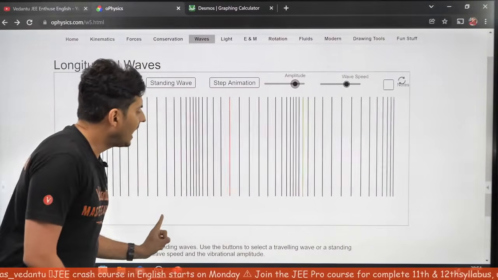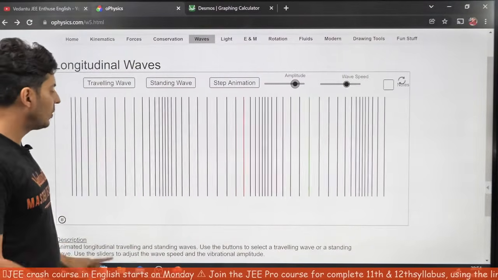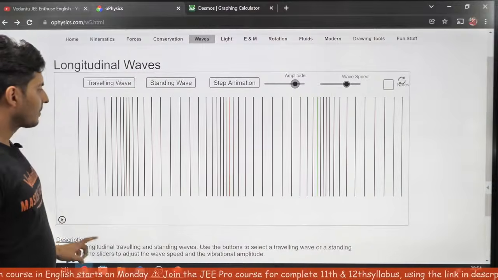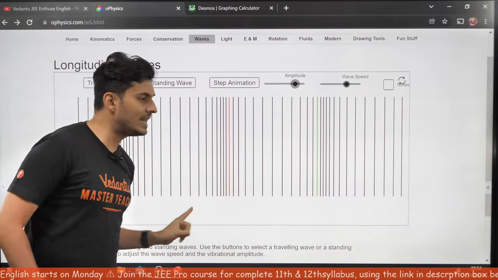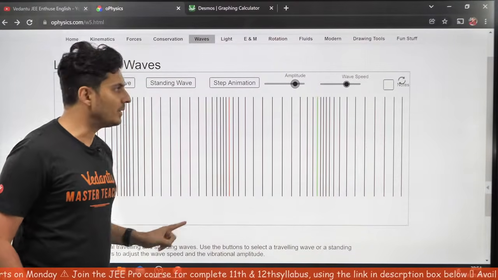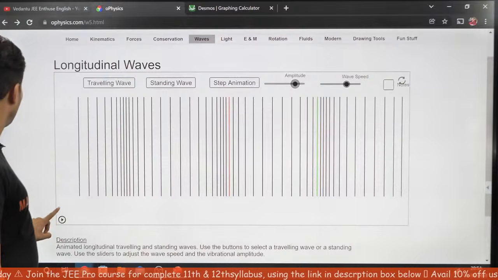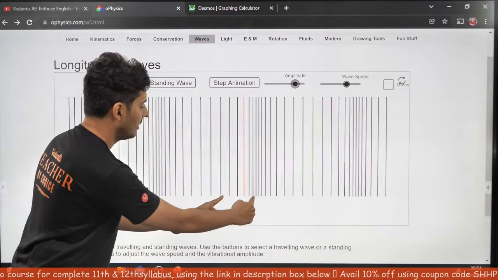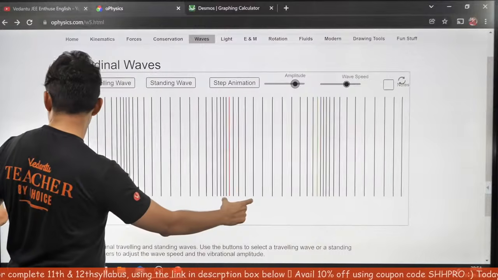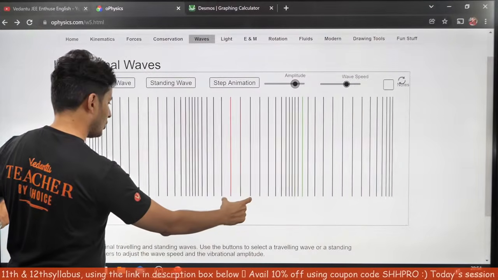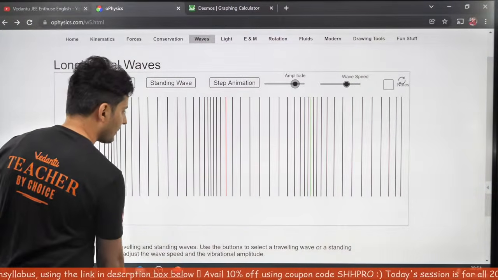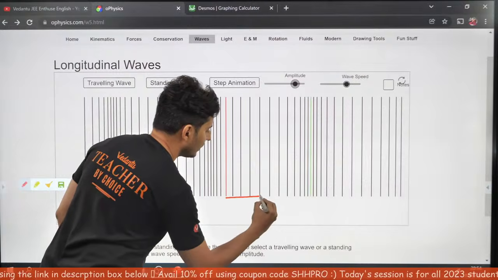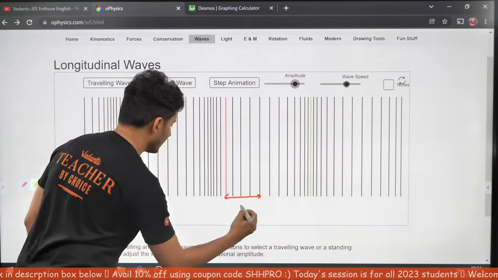This particle has its mean position located somewhere, maybe this is its mean position. It is oscillating about that x value. So if you observe carefully, look at this particle. It goes from here till here. It goes like that. So if I choose this particle over here, it oscillates between these 2 points.